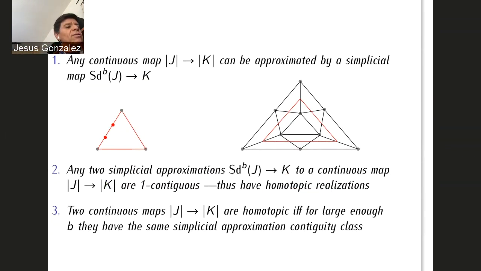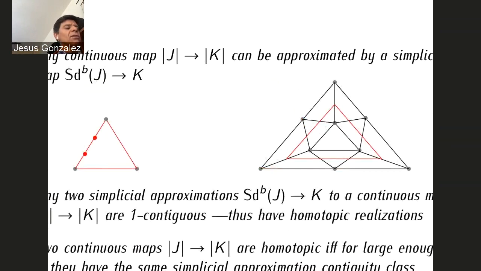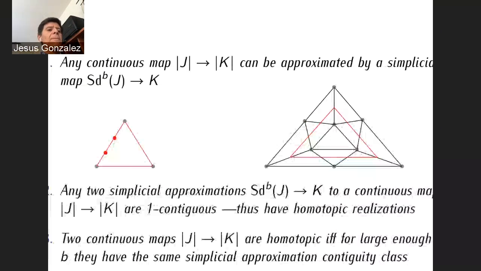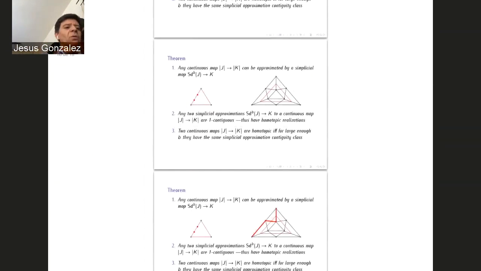Now the map under consideration from the realization of J to the realization of K is the map suggested by this red triangle. It sends the red triangle on the left to the red triangle on the right in the obvious way. Now this is not a simplicial map because it doesn't even send vertices to vertices, but it can be approximated in the following sense.